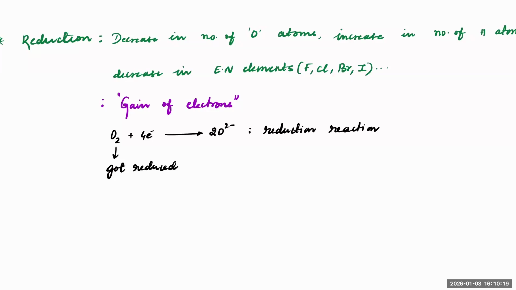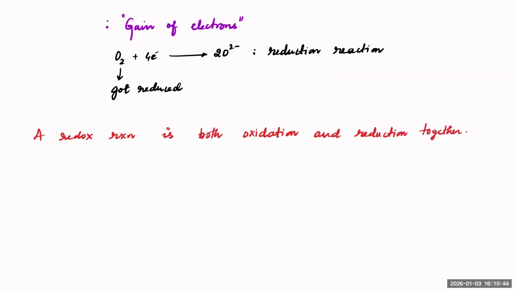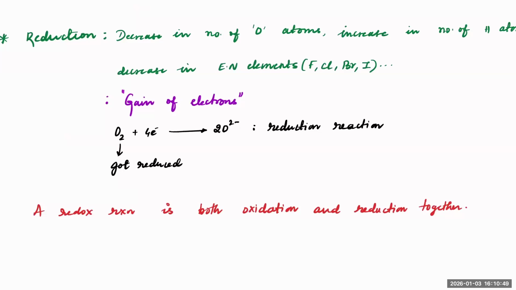The crux is that a redox reaction is both oxidation and reduction taking place together. In fact, you cannot have only reduction or only oxidation reaction. If oxidation is happening, reduction has to follow, and vice versa.